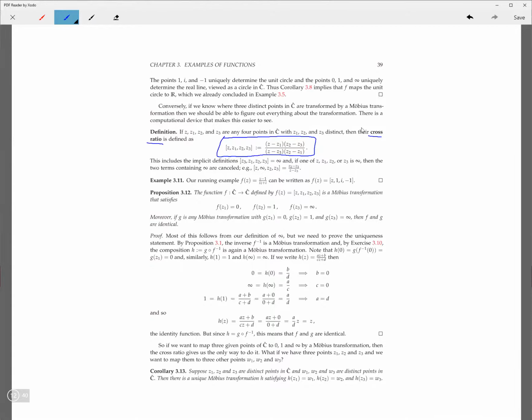Essentially, note that there's a z there and a z there, right? And then everything else is just a constant. z1, z2, and z3 are three different complex numbers, but they're fixed.